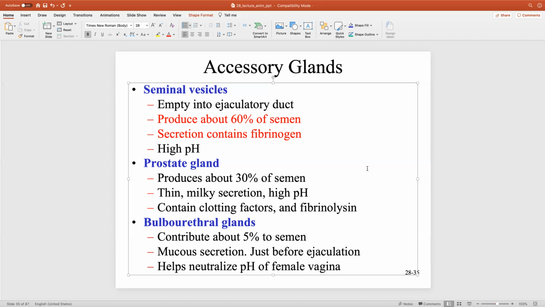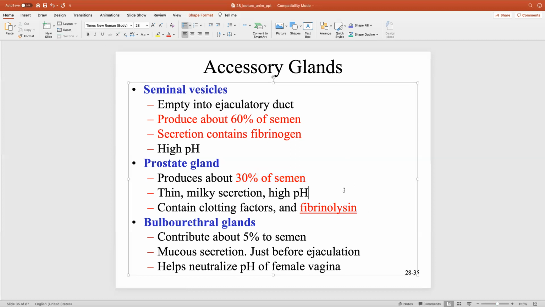The weird thing is this, right? You've concentrated it, but having all those cells there does us no good if we don't lyse the clot and have the cells migrate up. So the prostate gland secretes the remaining 30% of the seminal fluid, which contains high pH, clotting factors, and this is a big one, fibrinolysin.